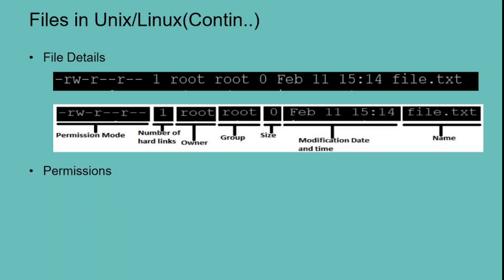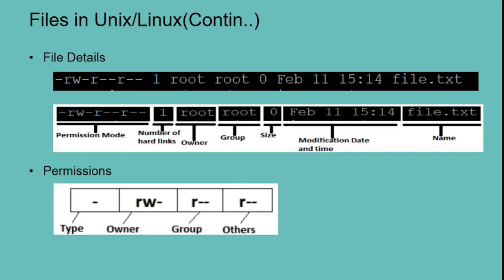Let's talk about these different columns individually. First one is the permission mode. What is the permission for a file? The permissions are the accessibility scope for any file. Let's understand this. A total of 10 bits are available for this information, divided into 4 parts. The first bit always tells the type of file.